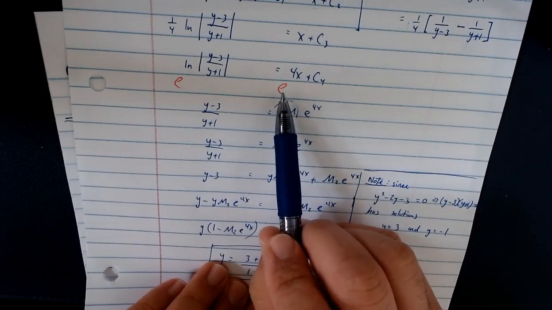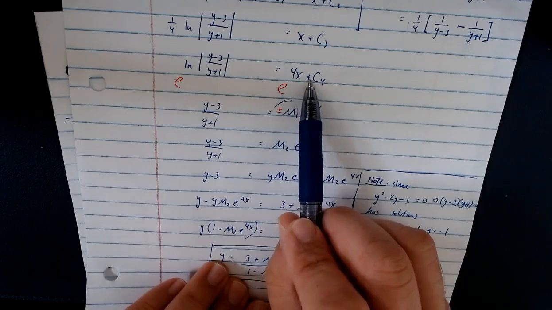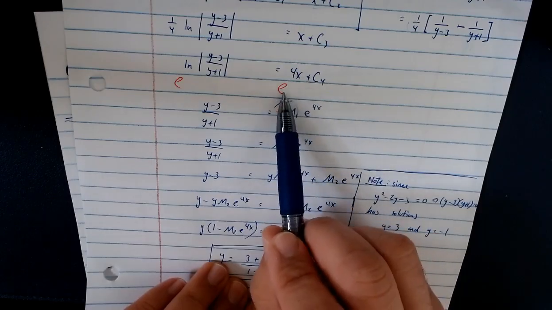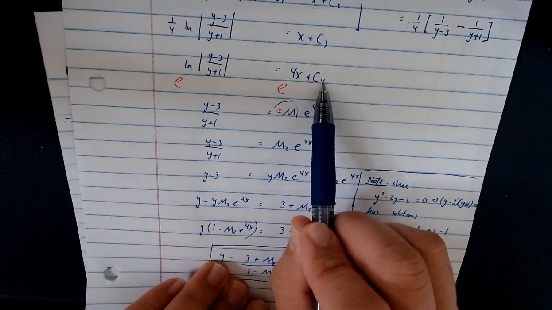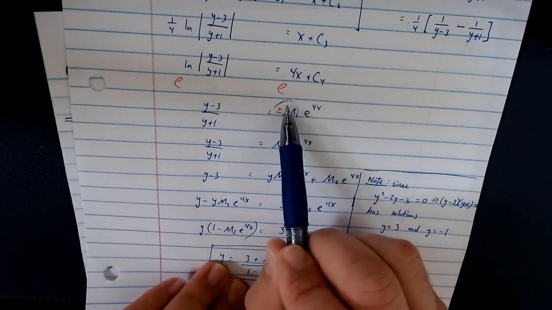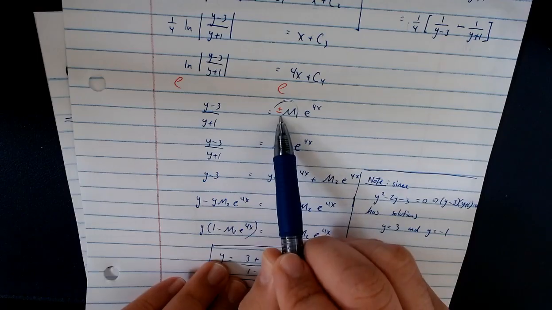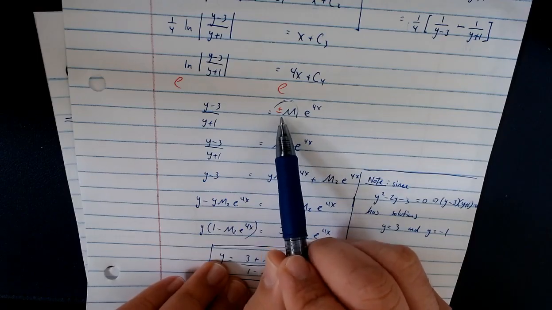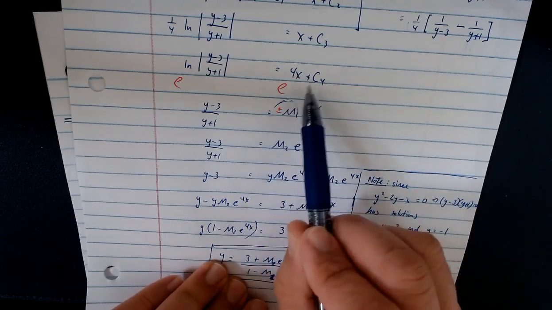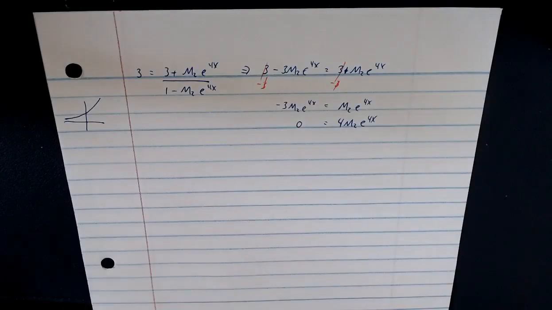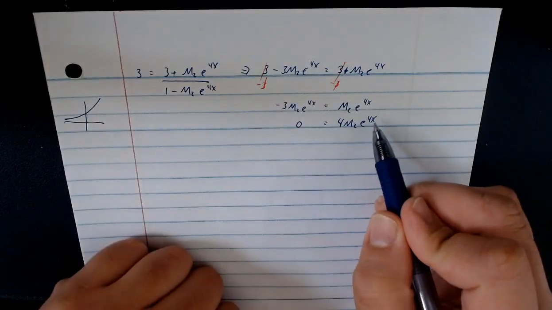What was m1? Well, m1 was e to the c4. Again, e to the c4 is always positive. It's never 0. Here it's plus or minus, but positive or negative, still never 0. If this is not 0, changing its sign won't make it 0.